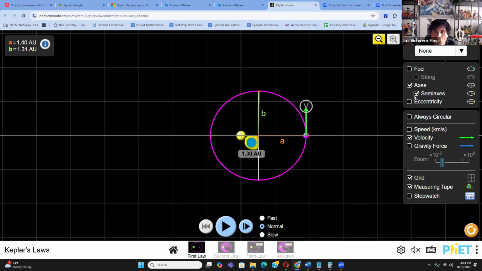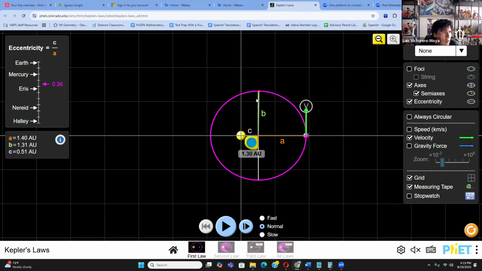If I look at the table, 0.36. So not bad, right? That's basically the eccentricity of this object around the sun. Okay, so not very elliptical, but fair enough. It's a value that we consider to be elliptical, all right?